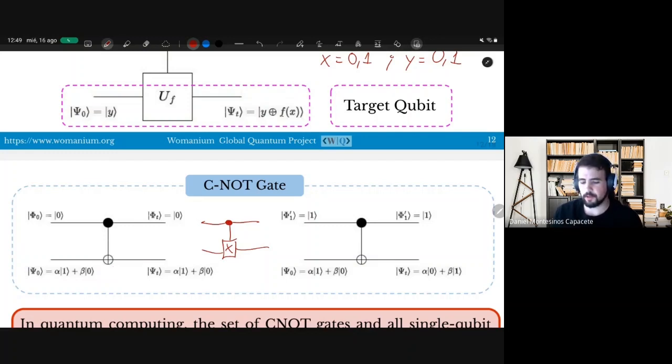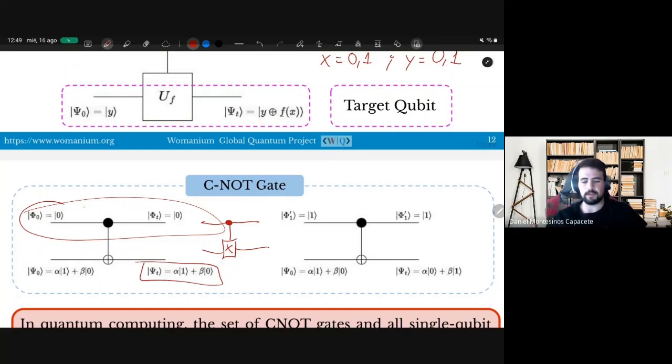So this gate basically does nothing if the control qubit is in the state 0. I mean, if the control qubit is in the 0 state, the control gate doesn't have any effect on the target qubit, and it leaves it the same, right? This is just how it works.